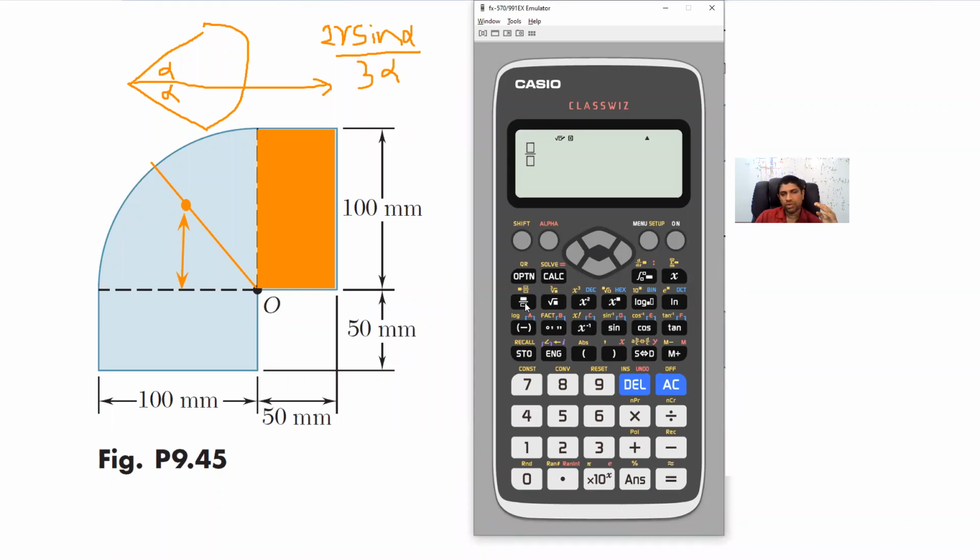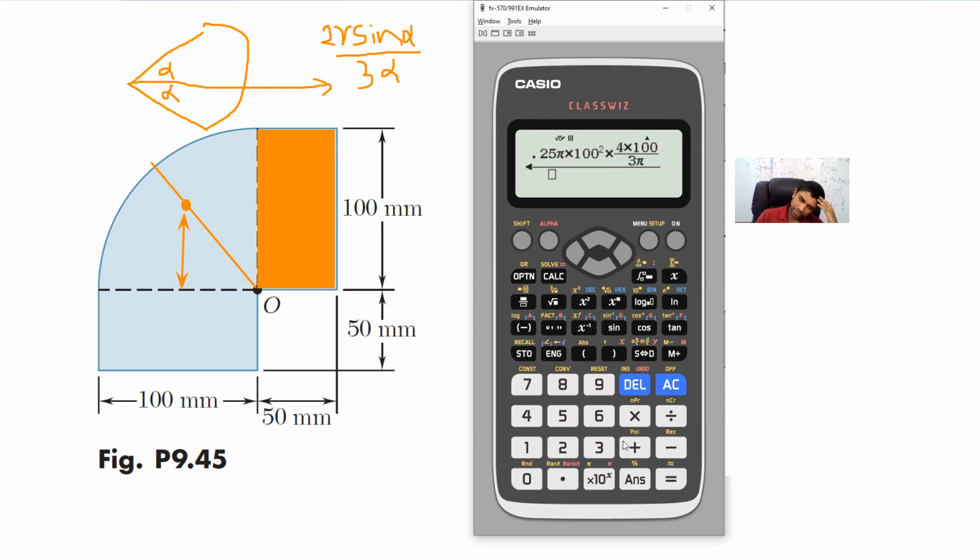So I'm going to find the area. I'm going to find y bar. 100 into 50, its centroid is half the distance, 50, plus 0.25 times pi r squared into 4r over 3 pi.